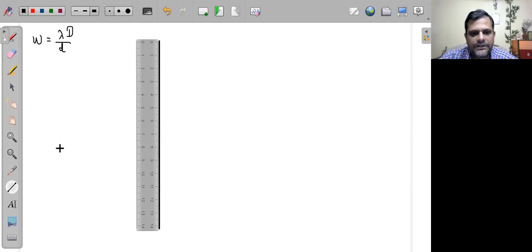Suppose this is a vertical line, and suppose the central bright band we place here. This is going to be the central bright band.